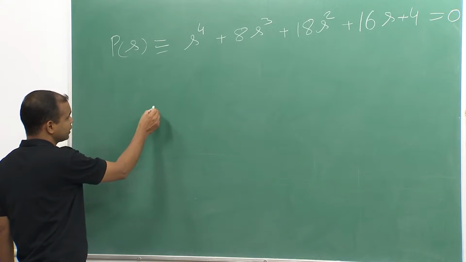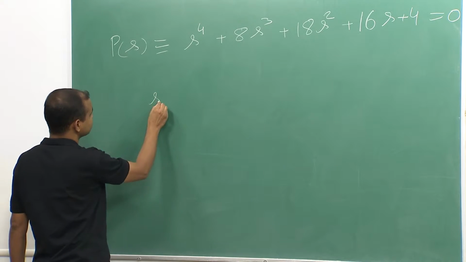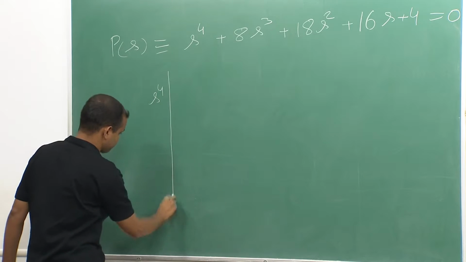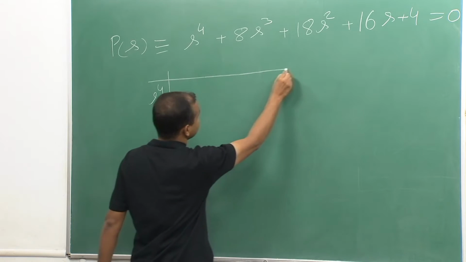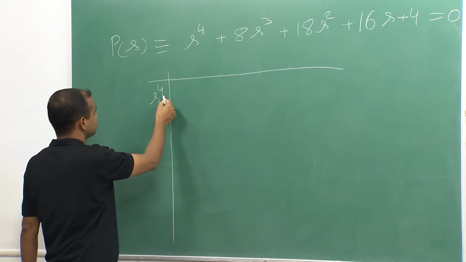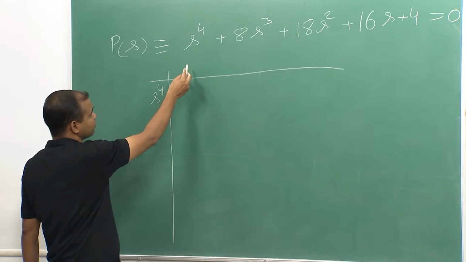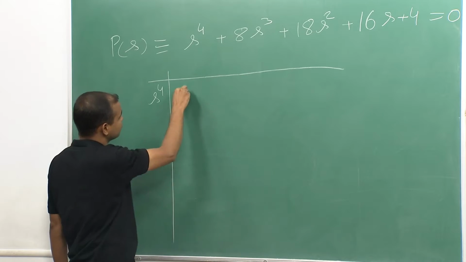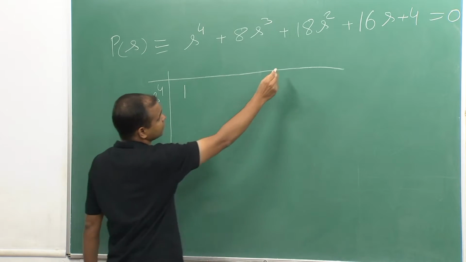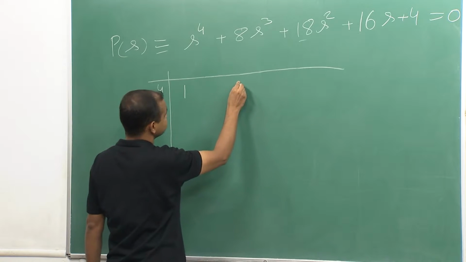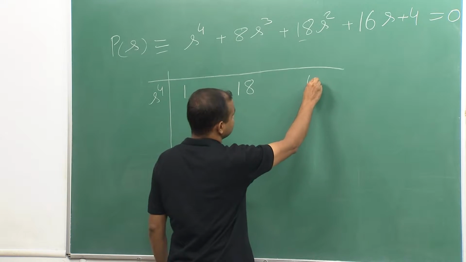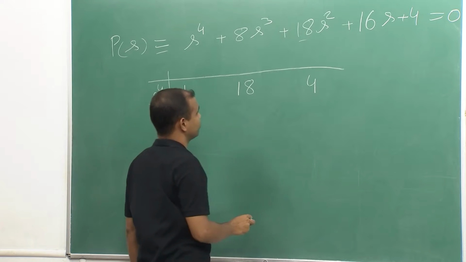So, to construct the Routh array, we write the highest power, s to the power 4. Since this is even, we write all the coefficients having even powers of s in descending order: the coefficient 1, then 18, then for s to the power 0, that is 4, the constant term.